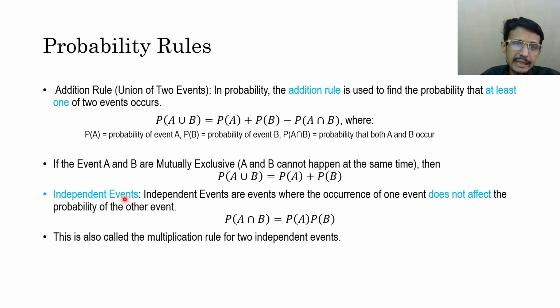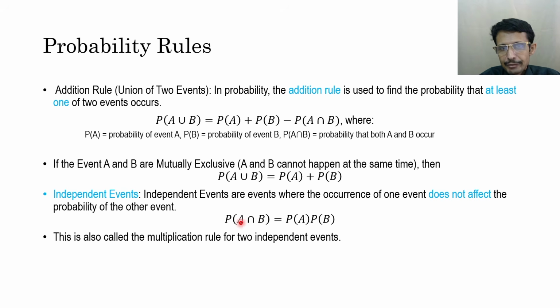Next is independent events. Independent events are events where the occurrence of one event doesn't affect the probability of the other event. So if you toss a coin and roll a die, these two events are not dependent on each other, so you can say these two are independent events.